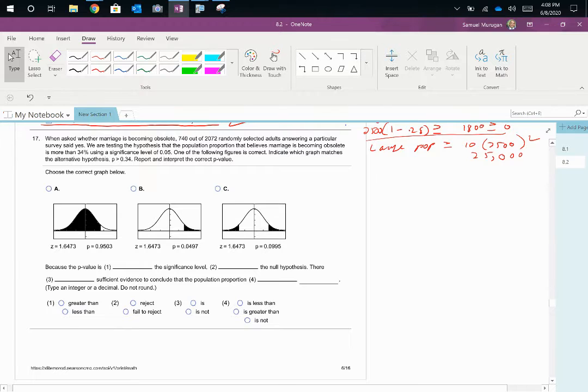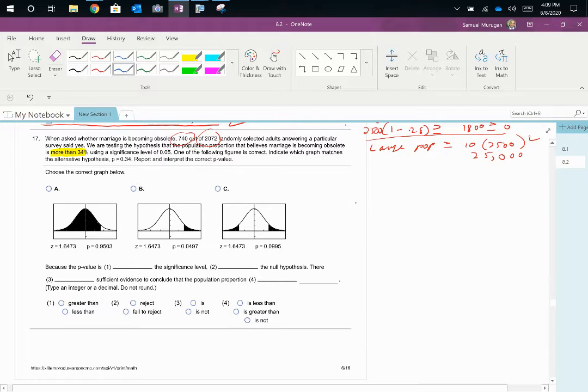Question 17 is asking, when asked whether marriage is becoming obsolete, 740 out of 2072 randomly selected adults answering a particular survey said yes. We are testing the hypothesis that the population proportion who believe that marriage is becoming obsolete is more than, okay?